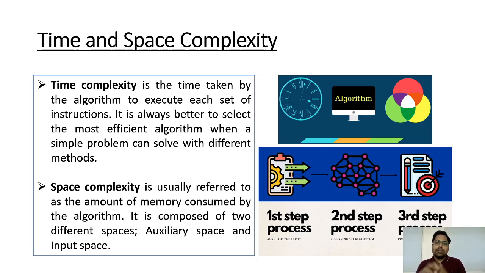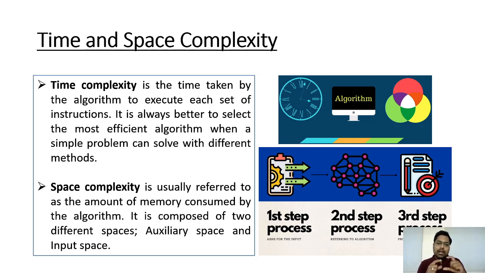For that case, always remember one thing: we know our time is very limited, we know the space is limited, also others are limited for us, peripherals of the system are also limited, everything is limited. But why are we focusing on time and space? The main reason is, if you are writing a solution for a particular problem, here the problem is playing a vital role, then how you are writing the solution, the writing steps are considered as the algorithm.